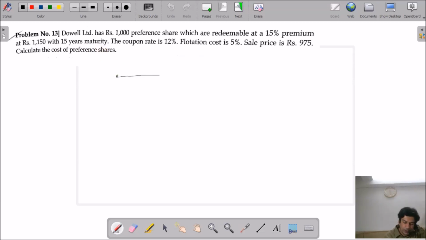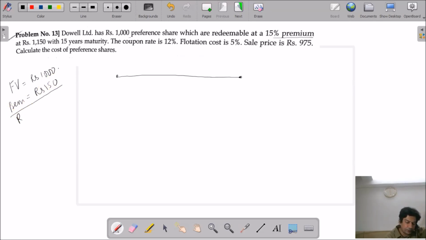So I will be doing a small timeline here. Now Dowell Limited has rupees 1000 preference shares. So the face value is rupees 1000, which are redeemable at 15% premium. So if I add a premium of 15%, it will be 150 rupees. 15% of 1000 is 150 rupees.